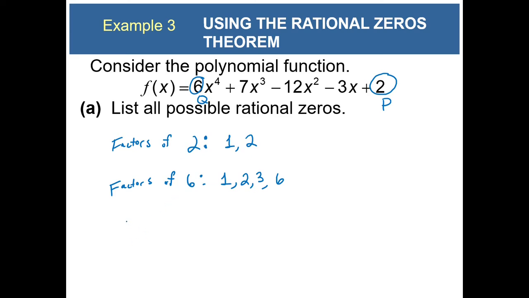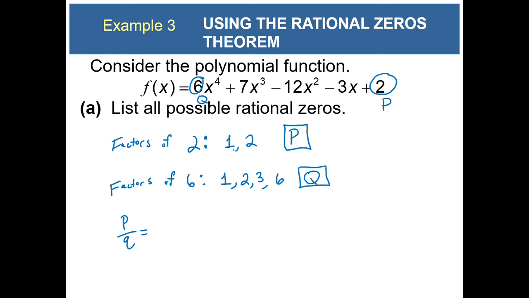So according to the rational roots theorem, we have that our possible p over q's can be any of these numbers over any of these numbers. The factors of 2 are going to represent our possible numerators, and the factors of 6 are going to represent our possible denominators for our rational zeros.